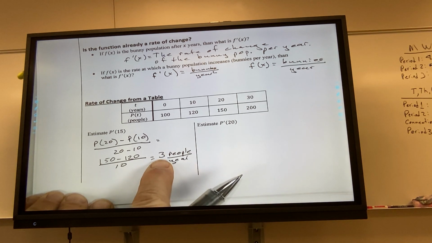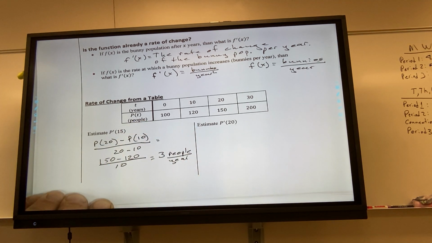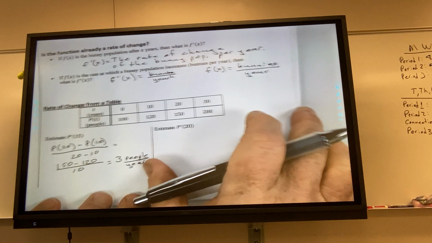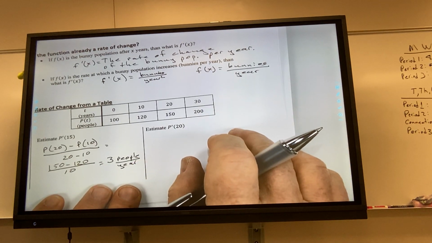So this is positive, correct? That means P of T is increasing. Everybody okay with that? All right. This one's a tad different. You have 3 choices, and any of them is acceptable.